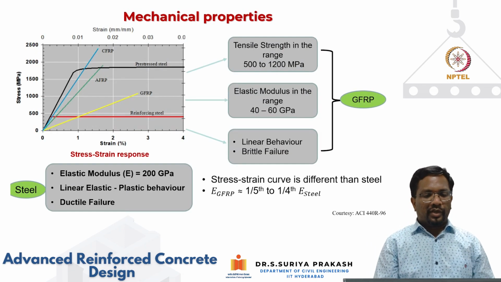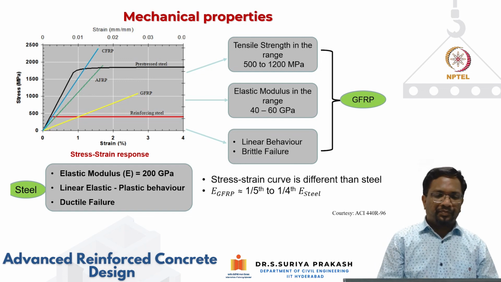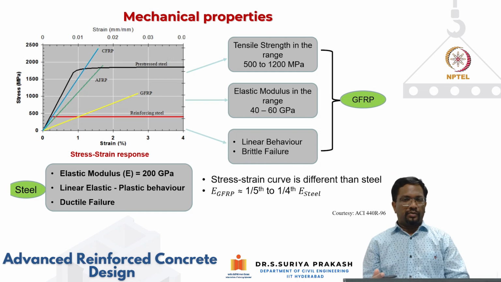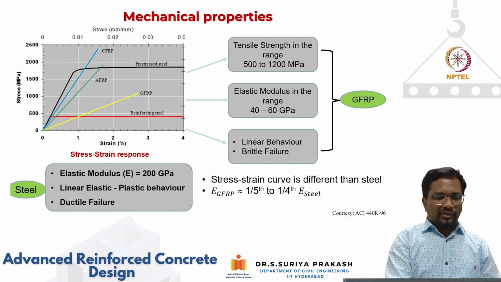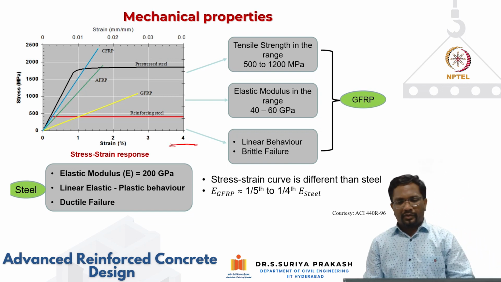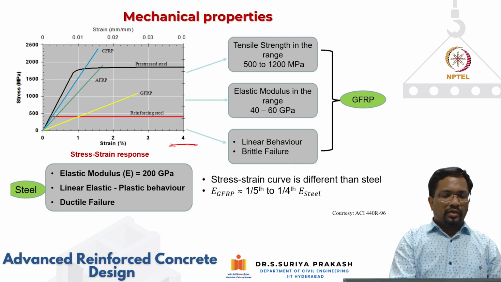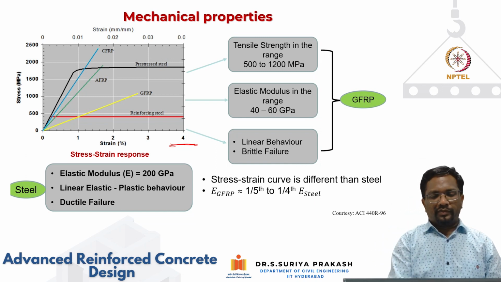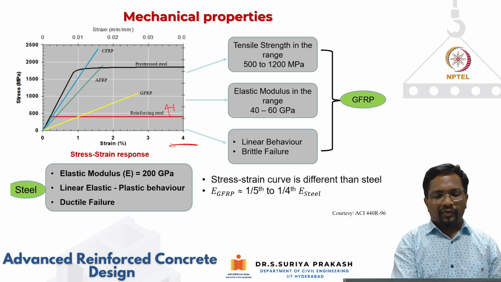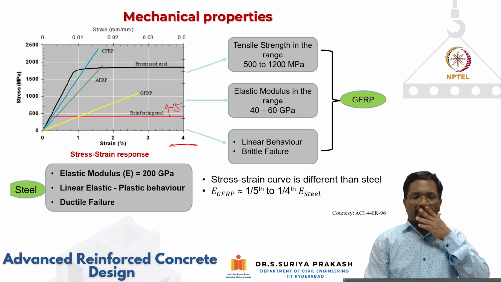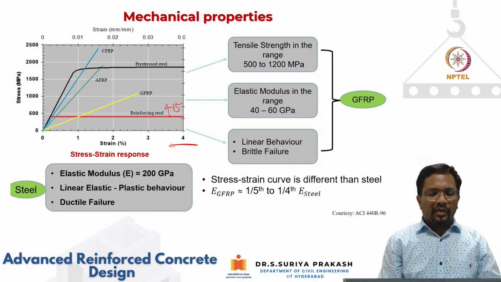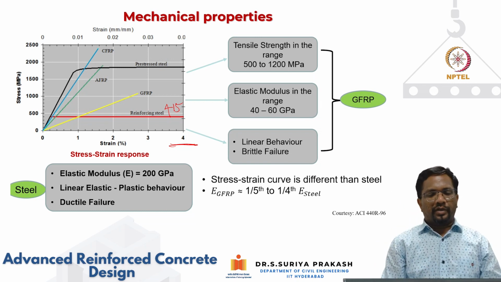Now let us briefly look at the mechanical properties, like what we have seen for steel, and how these properties change for different types of FRP rebars. Here, I have shown strain only up to 4%. If I'm comparing this with 415 steel, the red curve is the 415 curve, which I've idealized as an elastic plastic response just to compare the behavior.